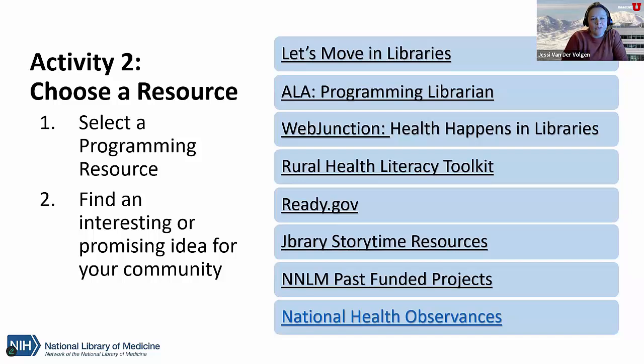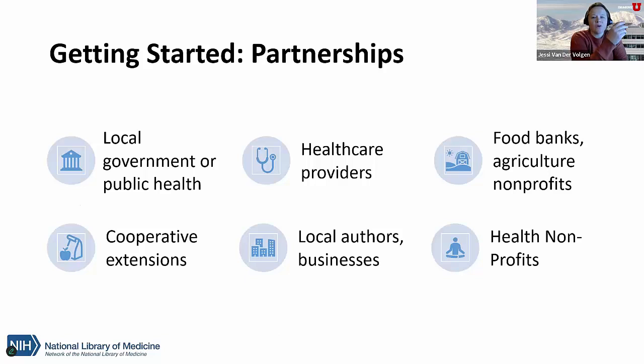Okay, I'm going to move along a little bit, but hopefully now you have an audience and a need and an idea in mind. And then you want to begin to think about who you might be able to partner with to enable or enhance the outreach of the programming activity.